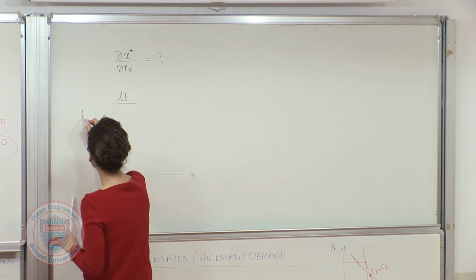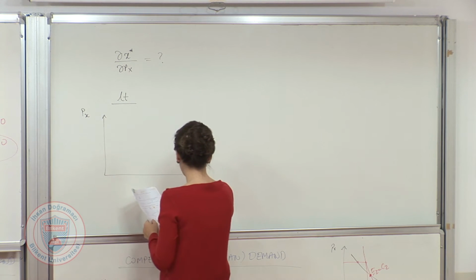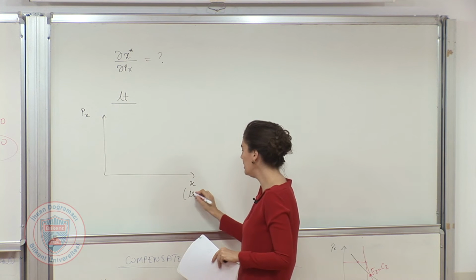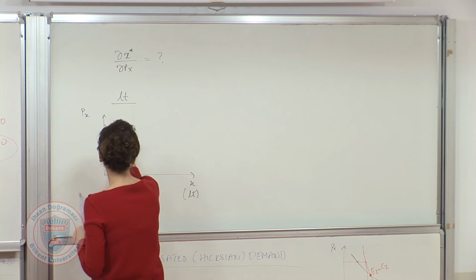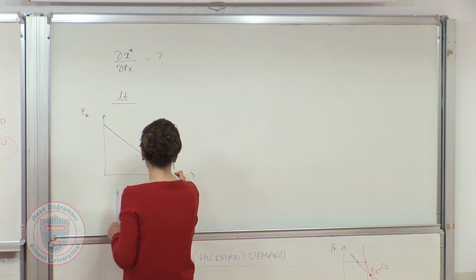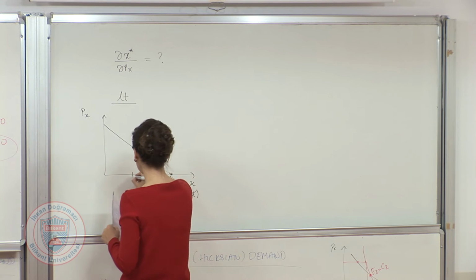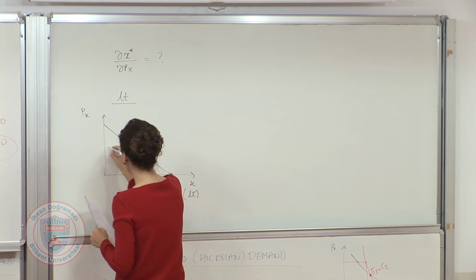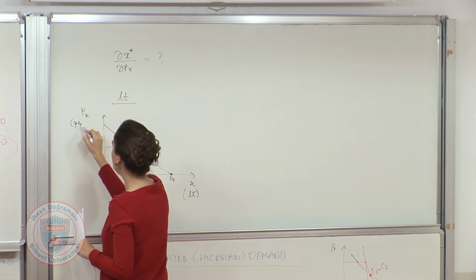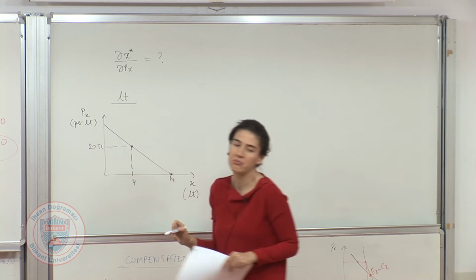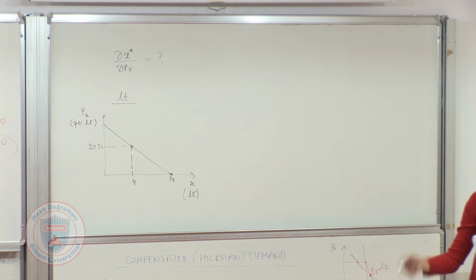I'm going to write price of X here, and X in liters here, caramel macchiatos. Let's say this is 14, this is 4, this is 20.